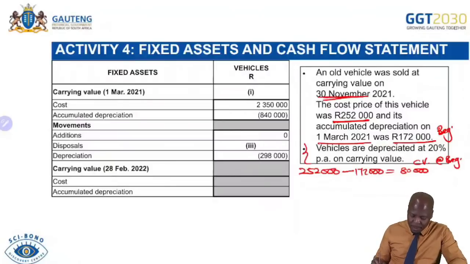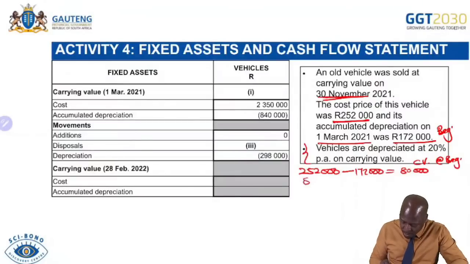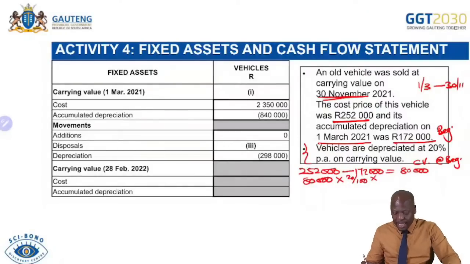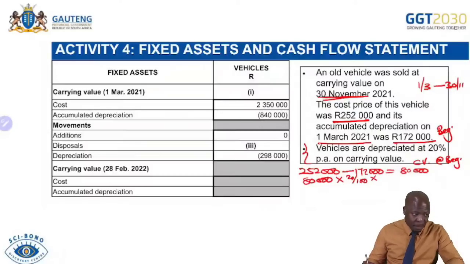So we are going to say the 80,000, which is the carrying value, times 20 over 100, times how many months? We are now going to count from the 1st of March 2021 until the 30th of November. And if you count those months, you will see that you have 9 over 12 months.